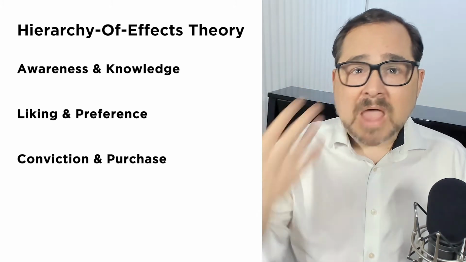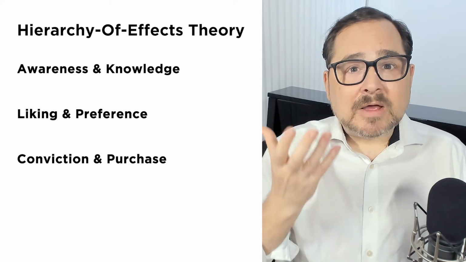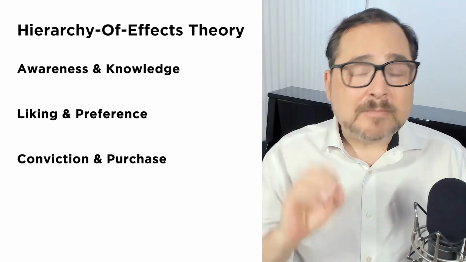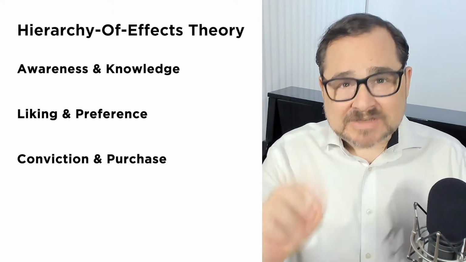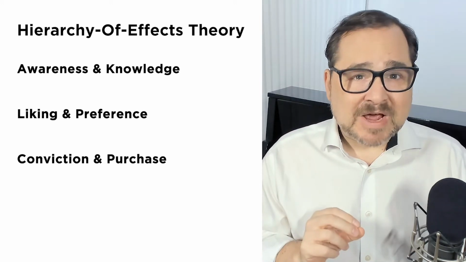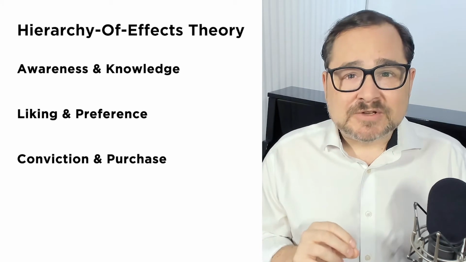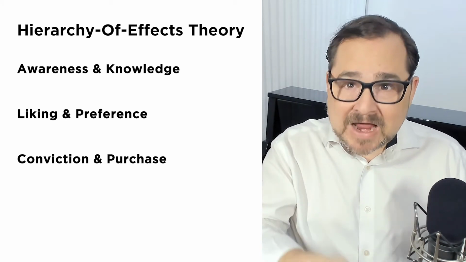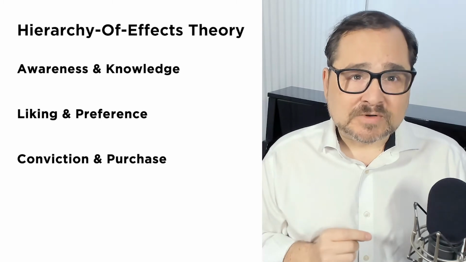Now, it's really important for advertisers in these first stages to keep the information simple and easy to digest. This will entice the consumer to learn more, thereby making a connection with the product or service.